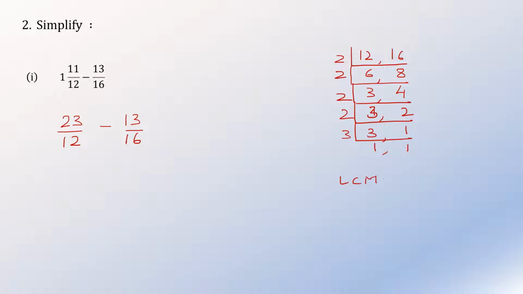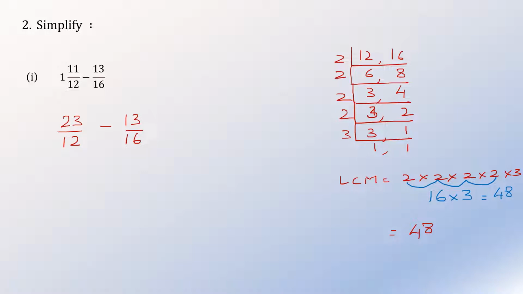LCM will be 2 into 2 into 2 into 2 into 3. 2 2s are 4, 4 2s are 8, 8 2s are 16. 16 into 3, which is 48. So the LCM is 48.